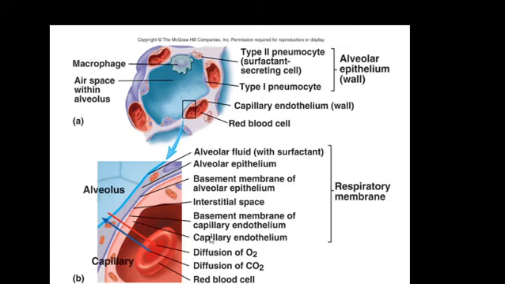The cells lining the blood vessels are called capillary endothelium. From there, now air can enter into blood, and then it diffuses into the protein called hemoglobin. So this is the respiratory membrane.